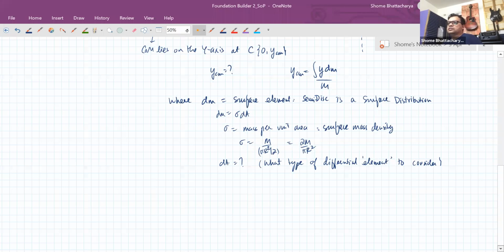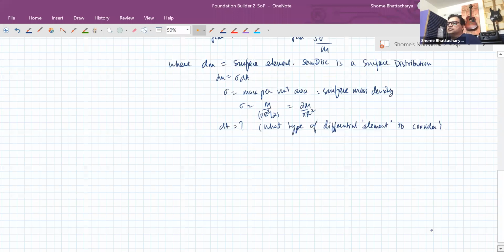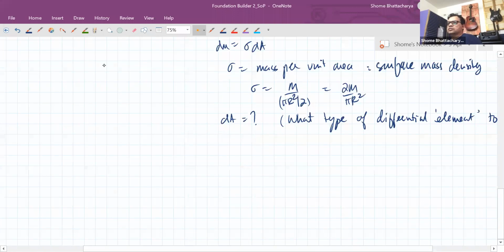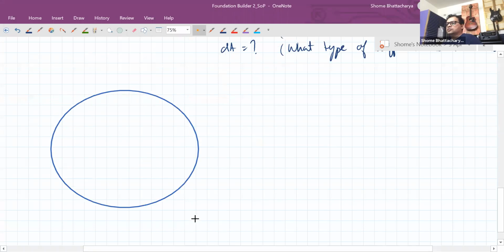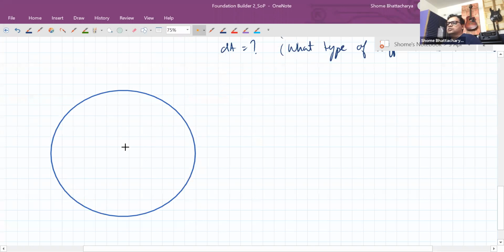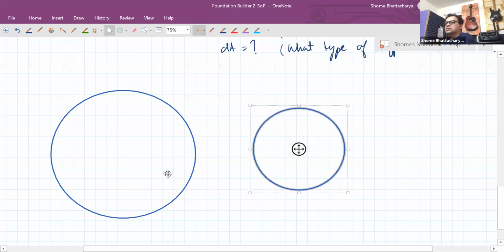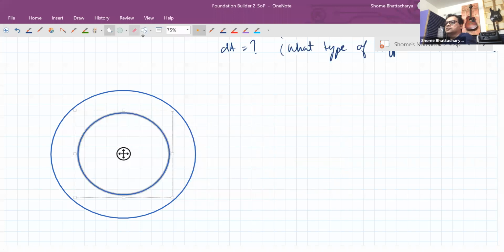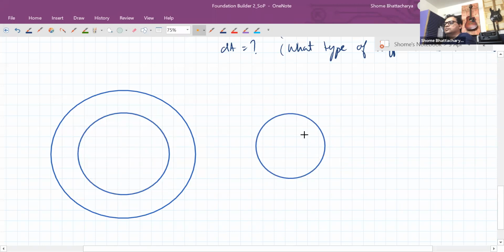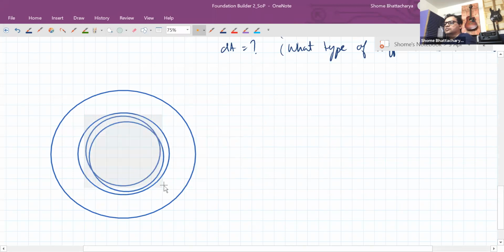The two types of elements we will consider are going to be like this. Just bear with me a moment, we'll get the diagram correct.